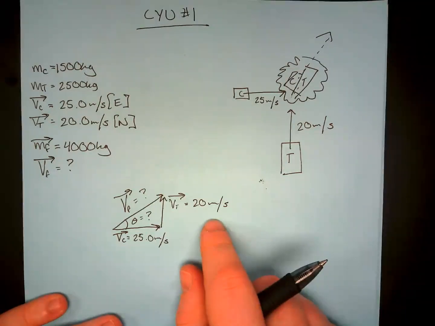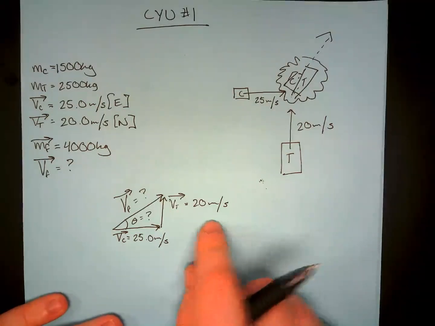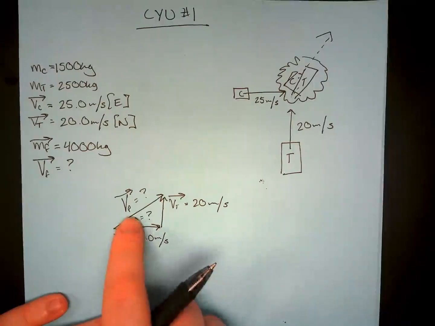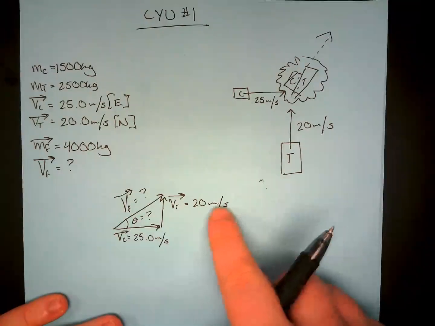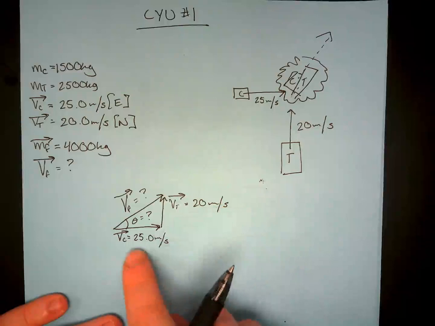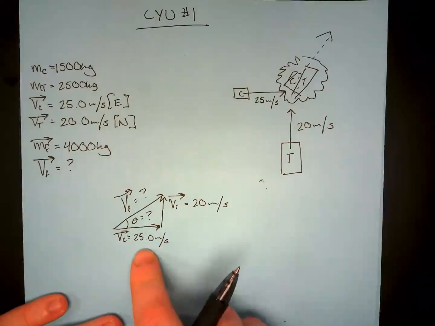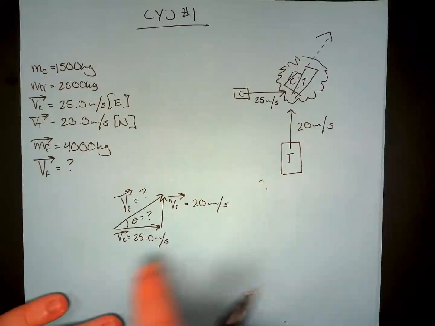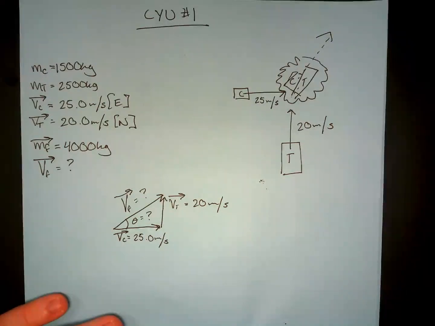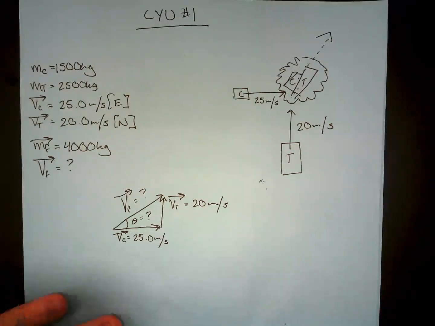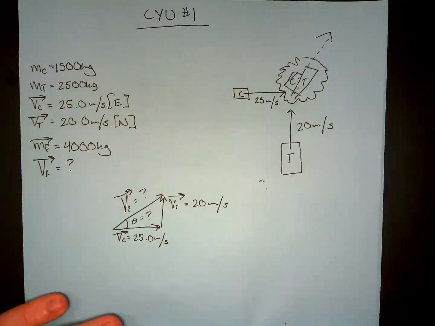With momentum, we have 2 objects with differing masses, and because they have differing masses, we can't just use a squared plus b squared equals c squared. The mass of the truck is going to affect the car, and the car will affect the truck as well, and we have to take that into account. They are not the same here, so we can't just use Pythagorean's theorem to find the final velocity.